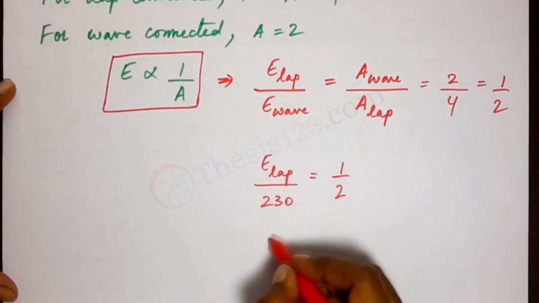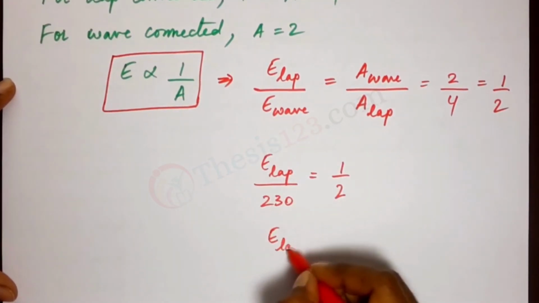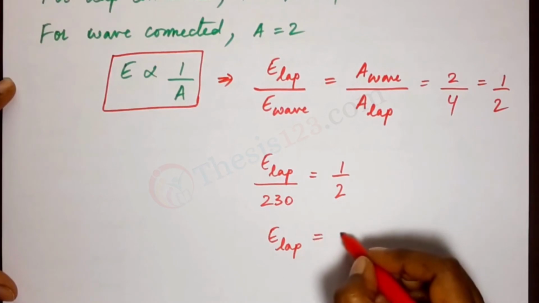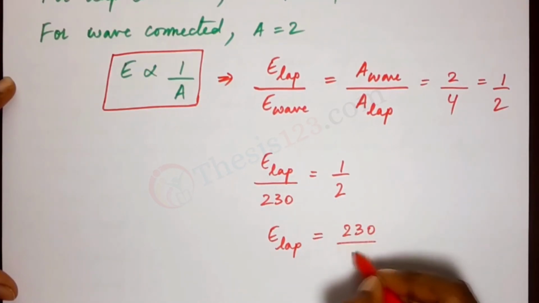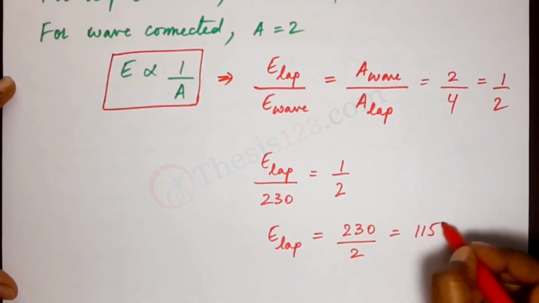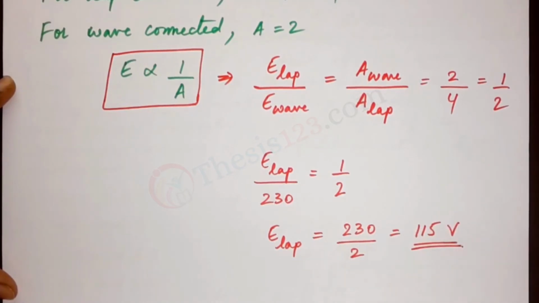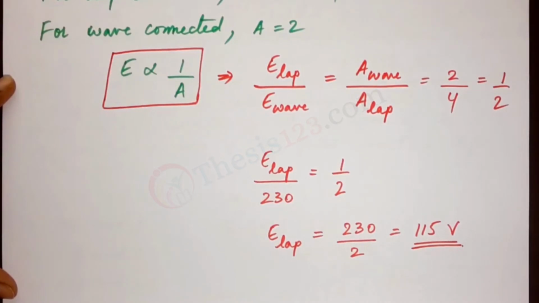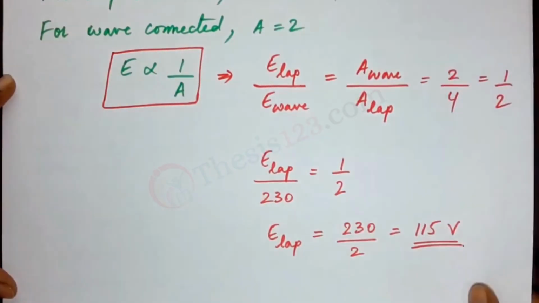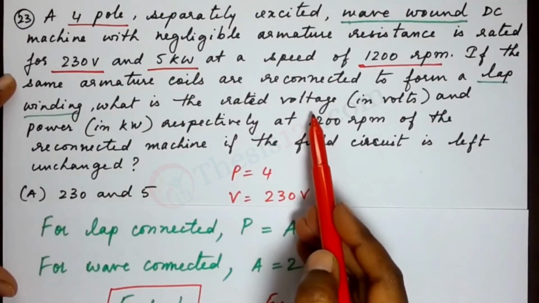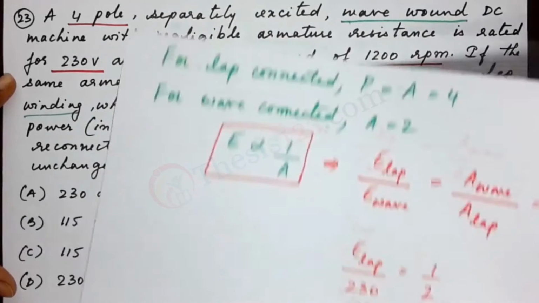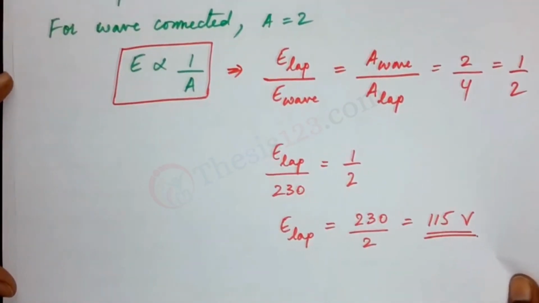Solving this, we will be able to obtain the EMF of the lap winding, which comes to 230 divided by 2, and that's 115 volts. Now we have just found the rated voltage as 115 volts.